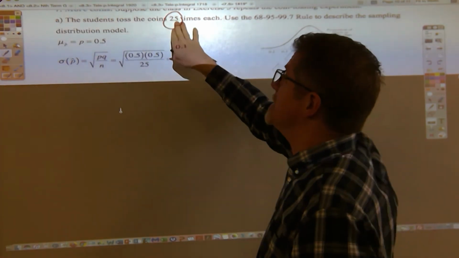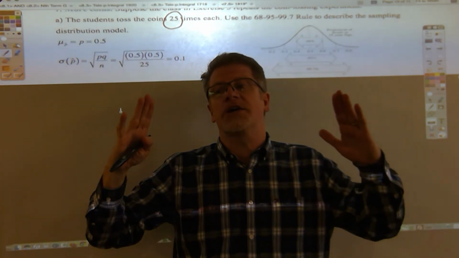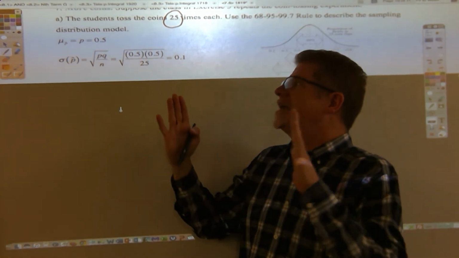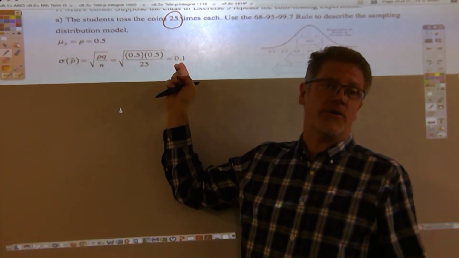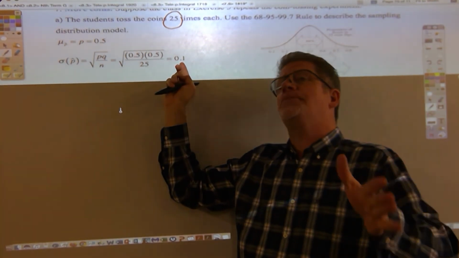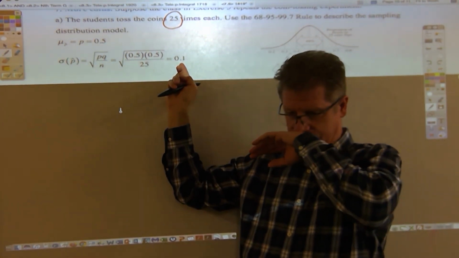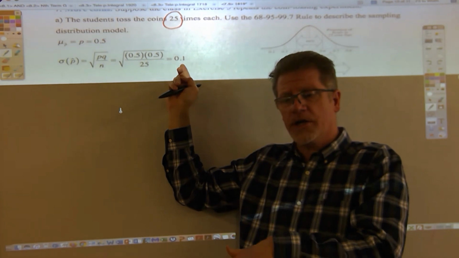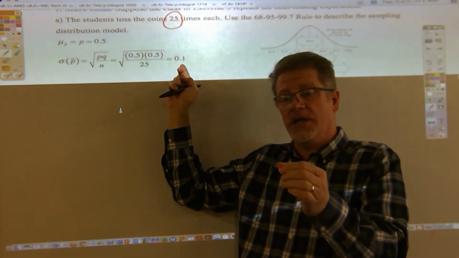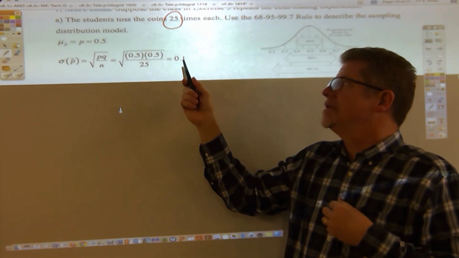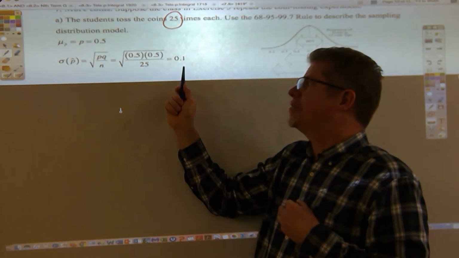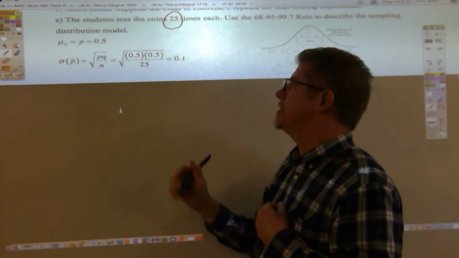And as the sample size goes up, the standard deviation goes down, and your sample distribution, which we called in layer 3 the distribution of samples, in this case the distribution of sample proportions, is going to have a smaller standard deviation.